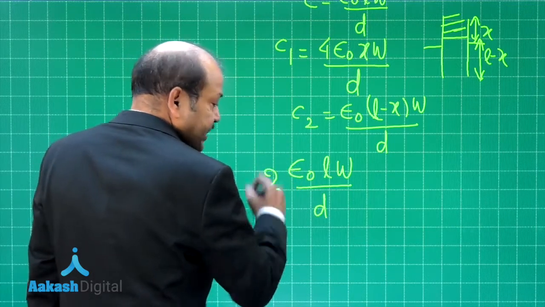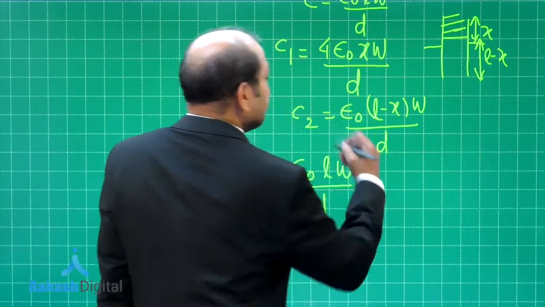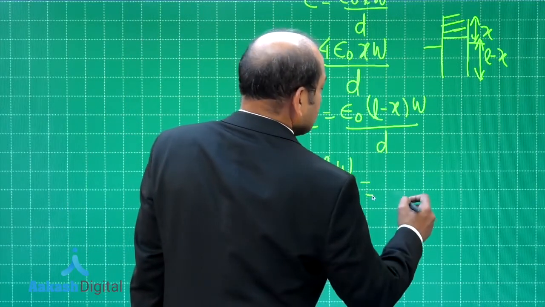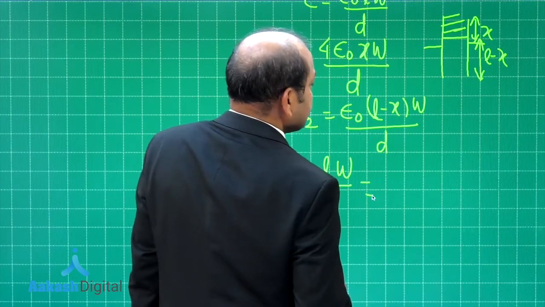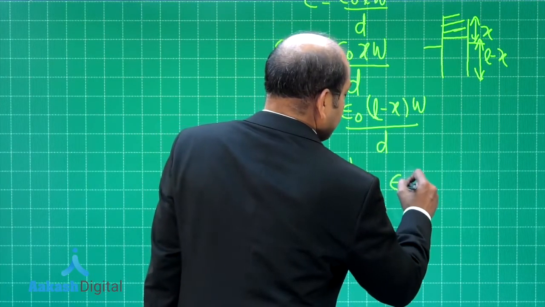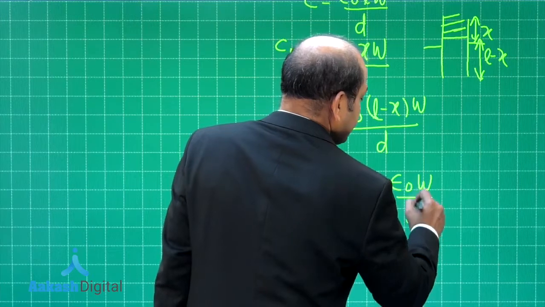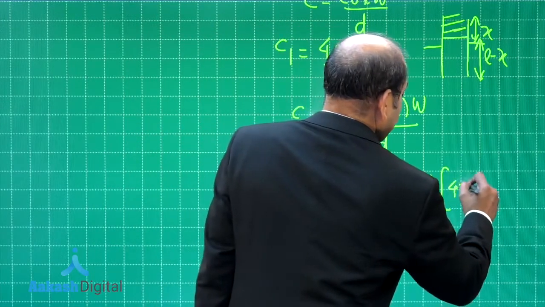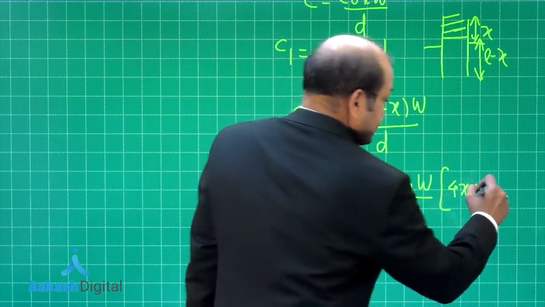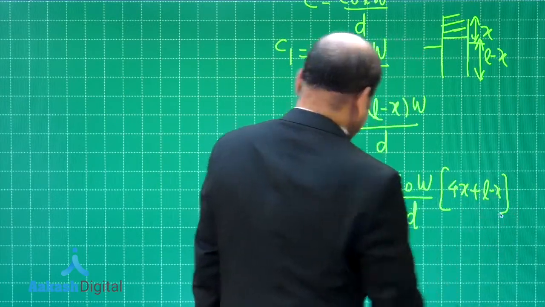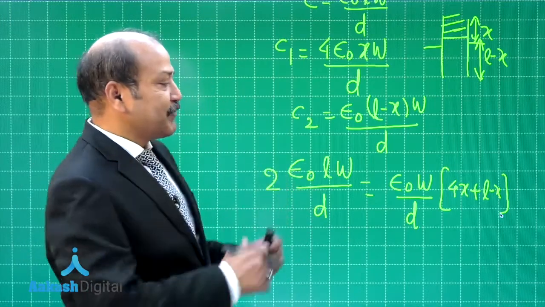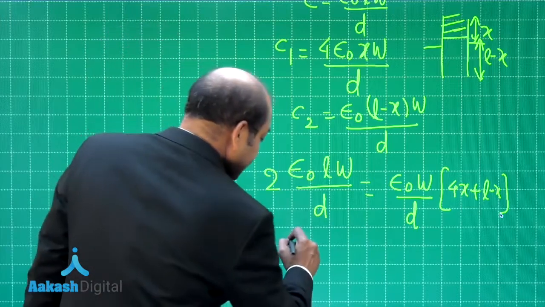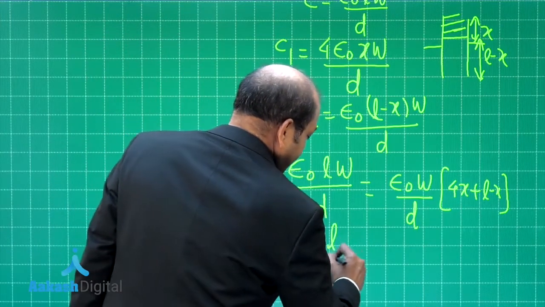Twice of this is equal to C1 plus C2, and if we calculate C1 plus C2 and do the manipulations, we get epsilon naught W divided by D, and then within brackets we have 4X plus L minus X. Solving this equation for X, we get X as L divided by 3.